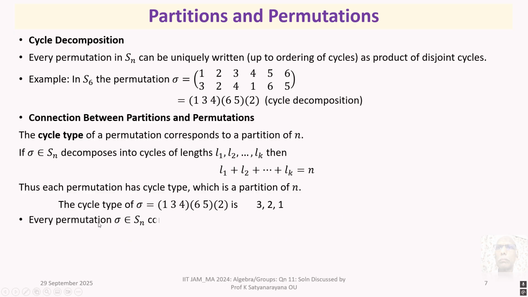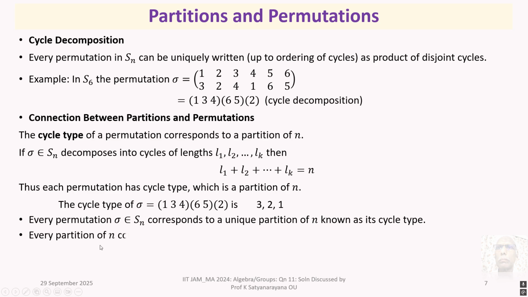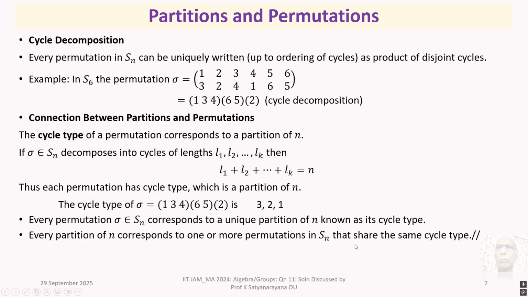Now, every permutation sigma belonging to Sn corresponds to a unique partition of n known as the cycle type. And every partition of n corresponds to one or more permutations in Sn that share the same cycle type. For a given partition of n, there may be more than one permutation in Sn that share the same cycle type.